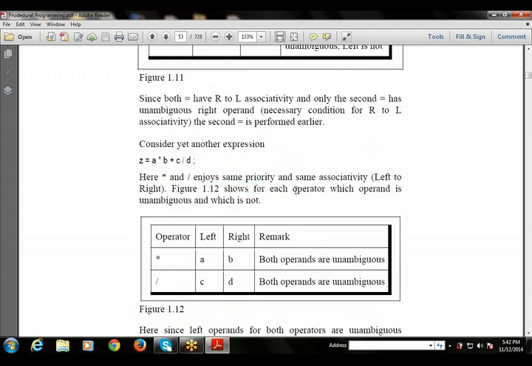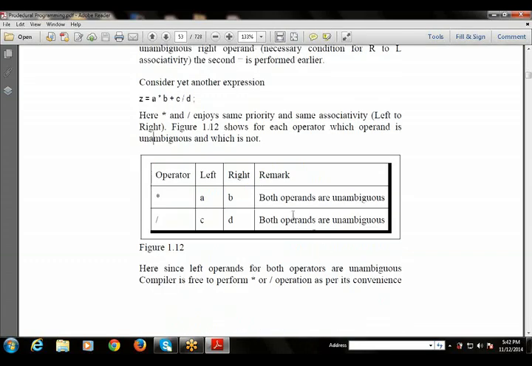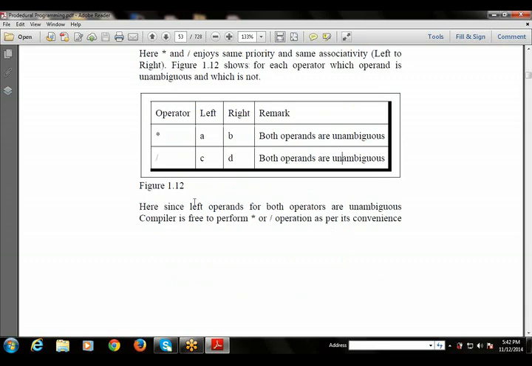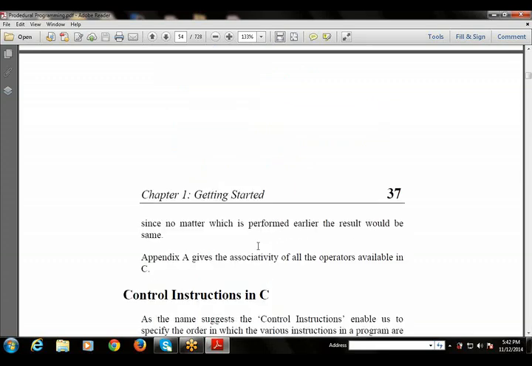Figure 1.12 shows for each operator which operand is unambiguous and which is not. Here both the operators are unambiguous. Since left operands for both operators are unambiguous, the compiler is free to perform multiply or divide operation as per its convenience, since no matter which is performed earlier, the result will be the same.